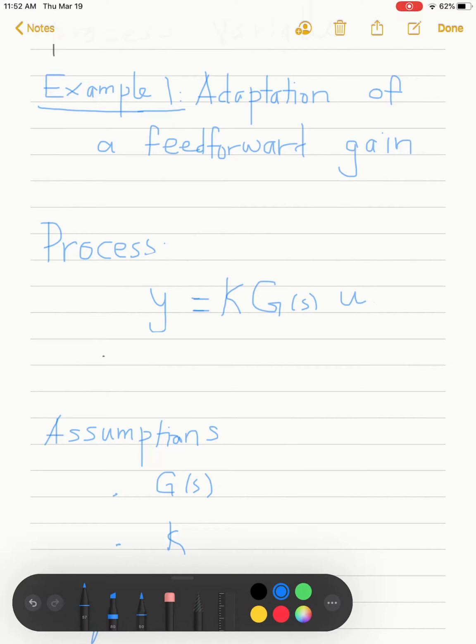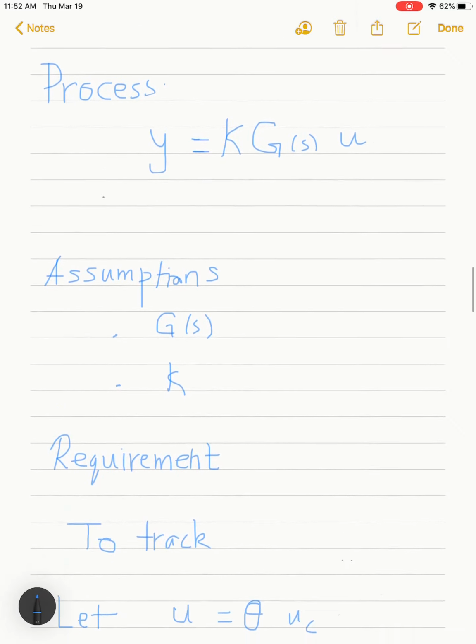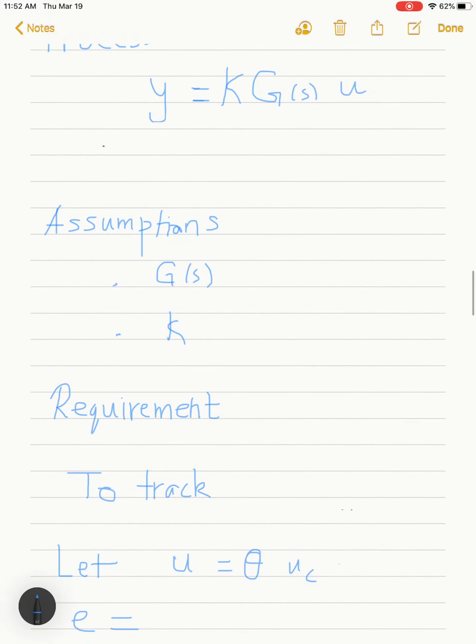As an example of the application of the MIT rule, we are going to start first with a simple example of adjusting a gain, a feed-forward gain. So I'm assuming here a process that has the relation y equals k times a certain transfer function g of s times the input. We are assuming here that the transfer function is known, while the gain is unknown.